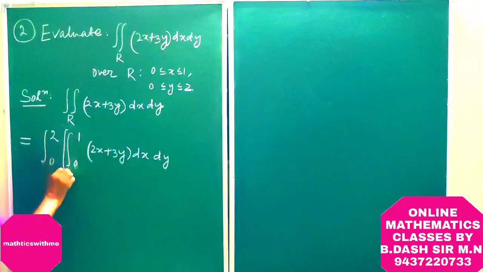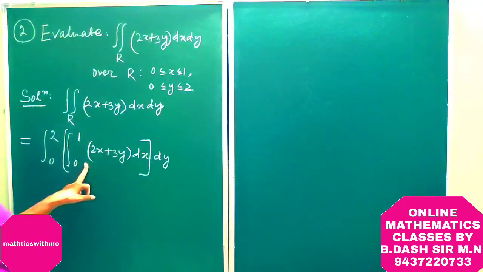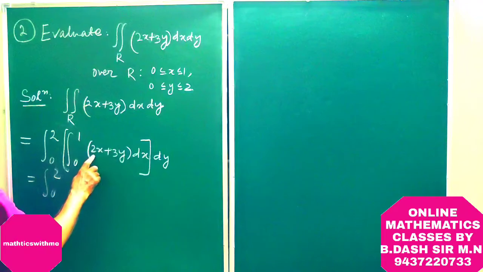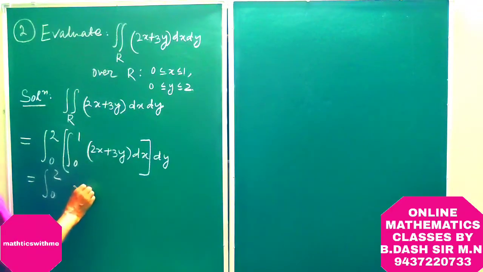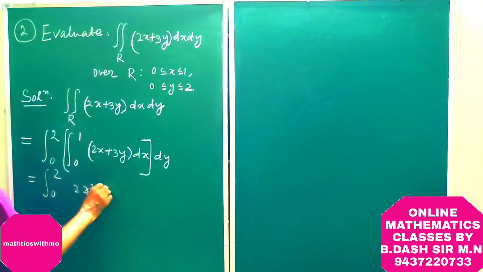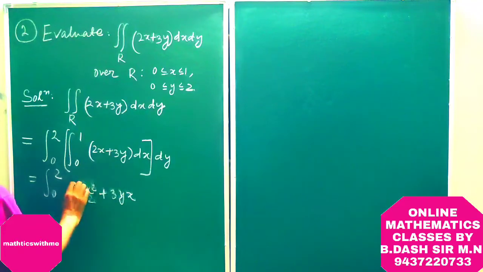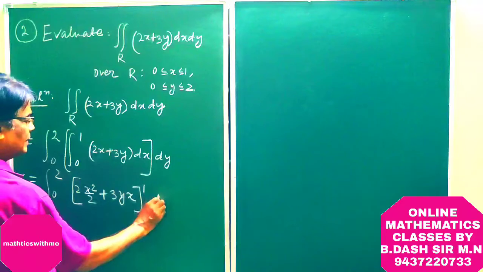So let us first evaluate this square bracket expression, that means integration with respect to dx. So this is equal to, again, 0 to 2. Here the integration of 2x with respect to dx is 2x square by 2, plus 3yx. The limiting value is from 0 to 1, dy.